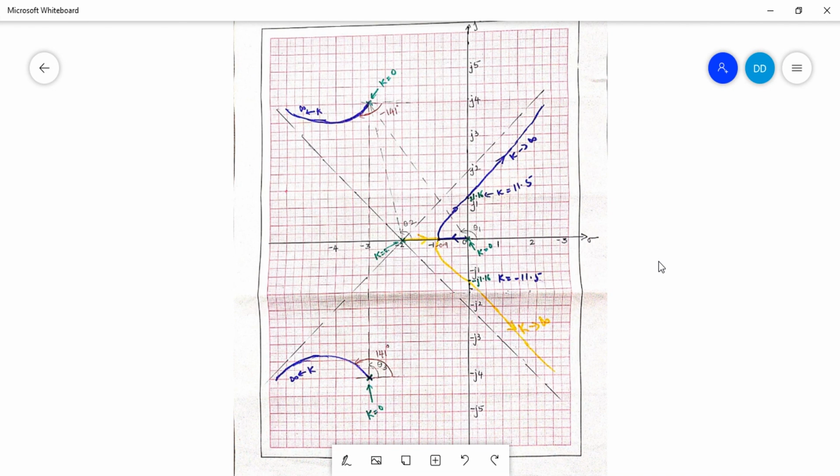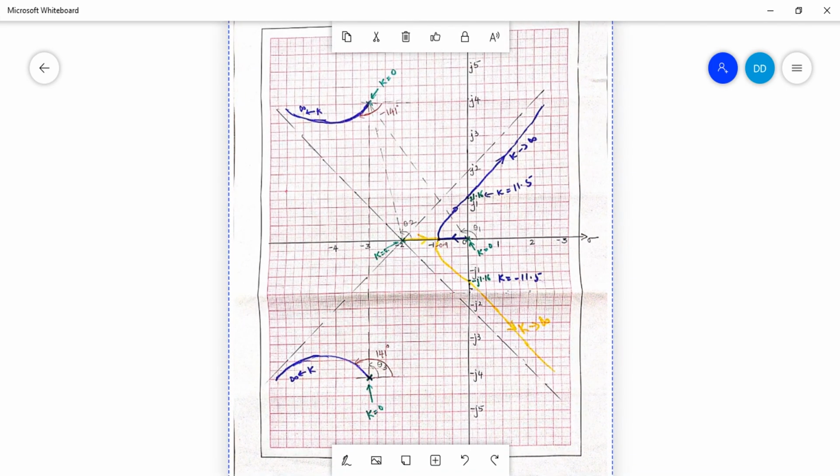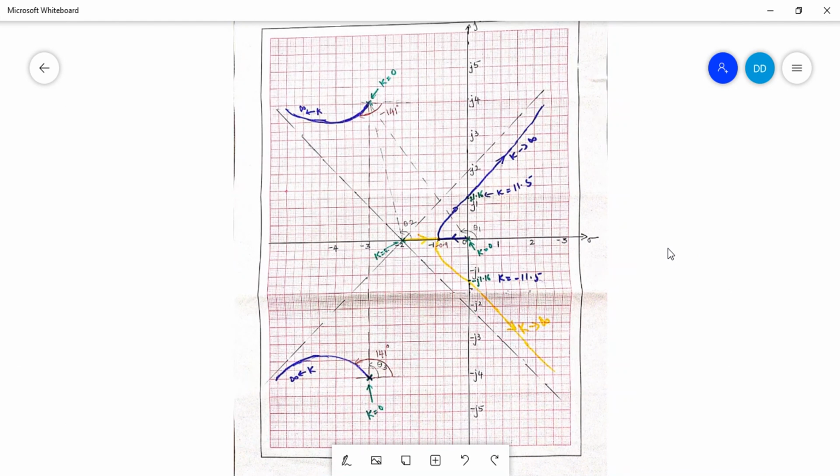Next, we have our centroid at minus 2. With that centroid, we mark 45 degrees, 135 degrees, 225 degrees and 315 degrees. Then start a branch from s equal to 0, travel along to minus 0.9, break at minus 0.9, then at an angle of 45 degrees it moves towards the imaginary axis, intersects it at j1.16, and then moves towards k equal to infinity.